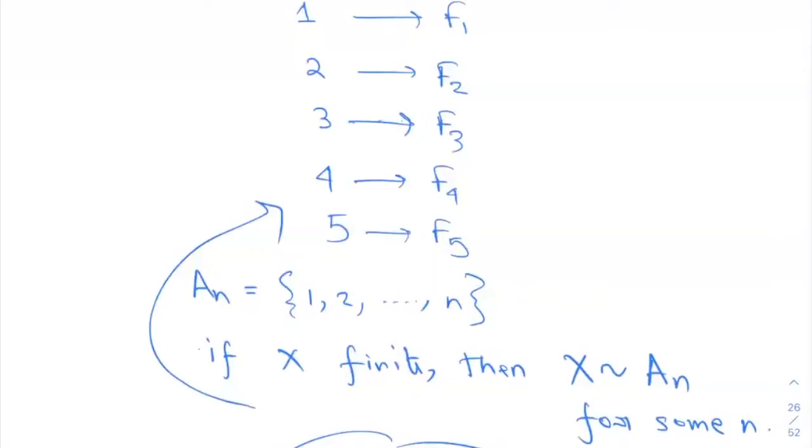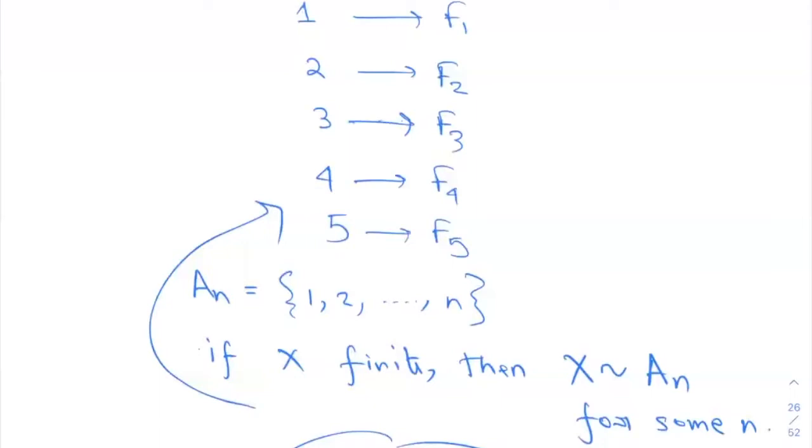In the first kind, you can count the elements of the set, and in the second kind, you cannot count. The sets in which you can count the elements are called countable, and sets where you cannot count the elements are called uncountable.